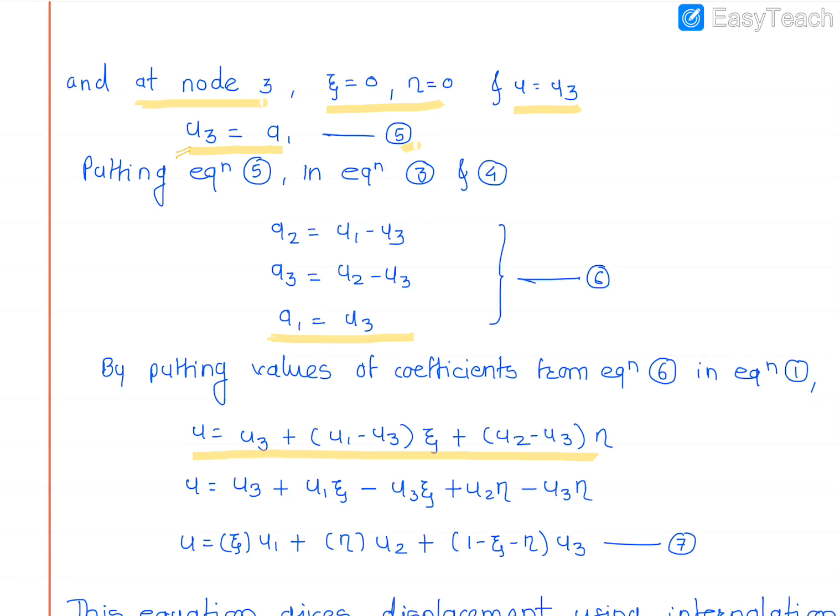Here we replace a1 by u3, a2 by u1 minus u3, and a3 by u2 minus u3. Now if you simplify this, you will come across the coefficients of u1, u2 and u3: zeta, neta and 1 minus zeta minus neta. These are nothing but the shape functions.